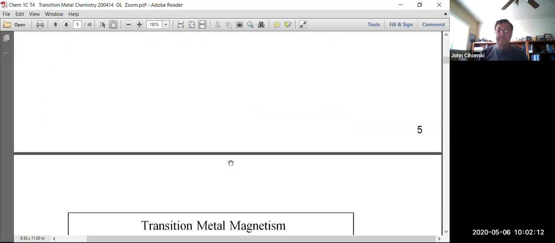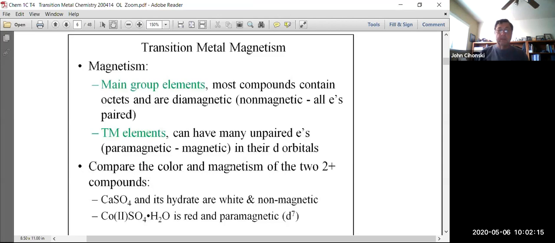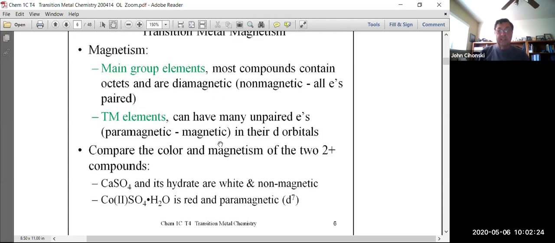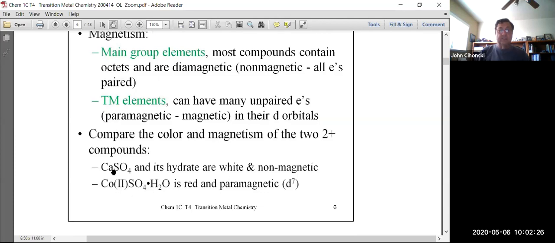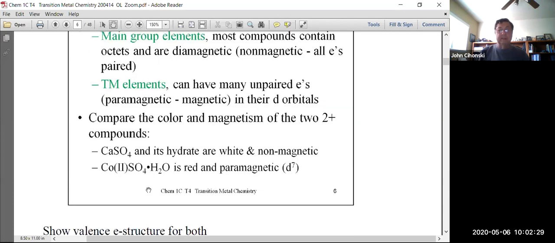Okay? Now, we already talked about magnetism on that last slide, and again, we're just repeating sort of the last example. Calcium sulfate, both ways, and again, white and non-magnetic. And for cobalt, instead of the manganese, it's red and paramagnetic.